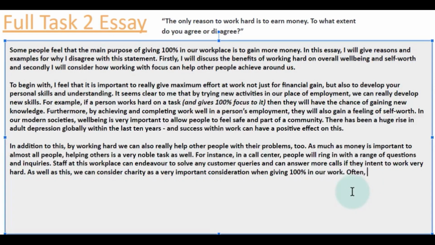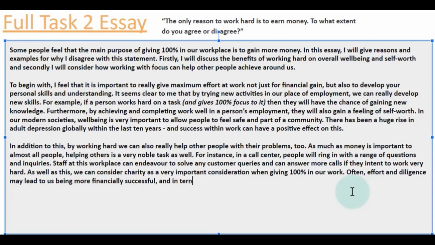Often, this may lead to us, I want to say effort and diligence, a nice piece of vocabulary, may lead to us being more financially, I'm spelling terribly here, financially successful.